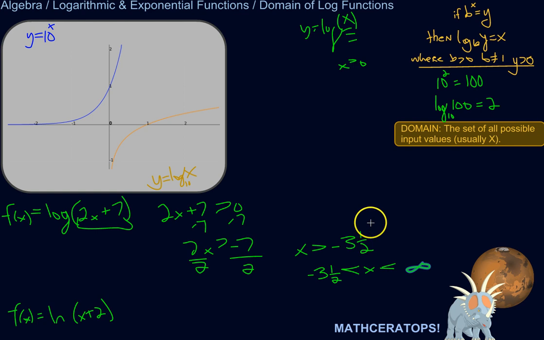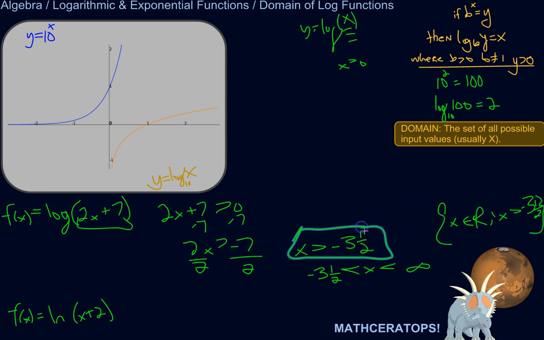You could also put it in set notation: x is in the set of all real numbers such that x is greater than negative 3.5. Something like that.